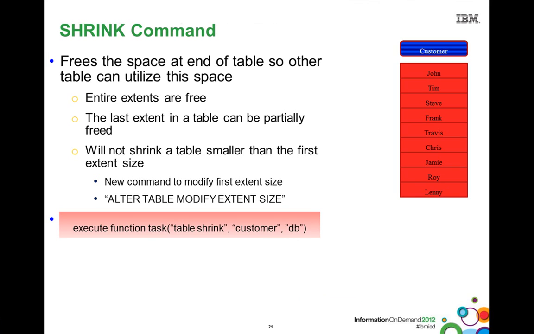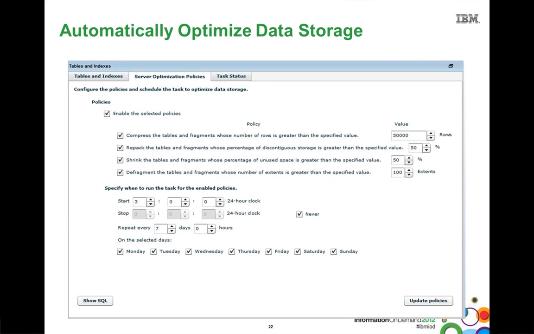Now, the last thing that we had in our goal was to do this automatically. And there is in OAT an admin task that runs, and you can enable that task, and you can enable various parts of that task. You can enable compression, and you'll look for tables or fragments that have over a set number of rows and automatically compress those tables.